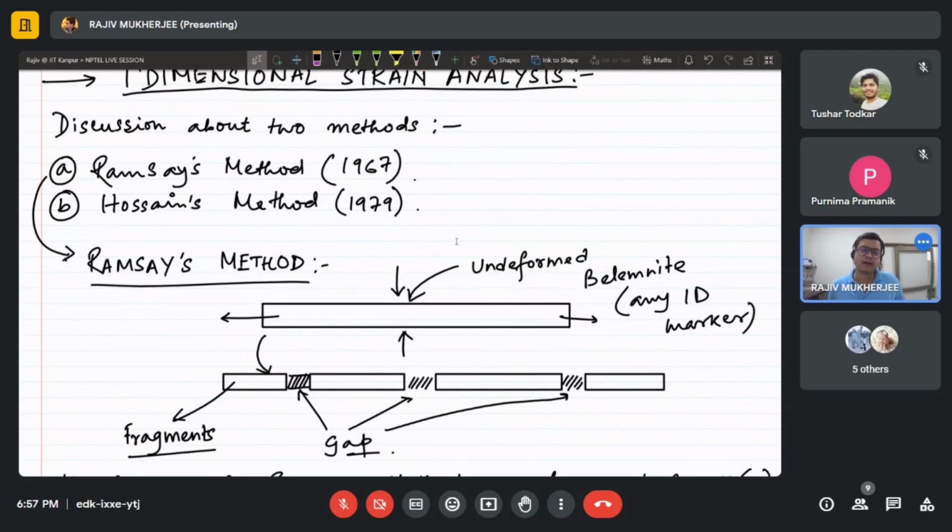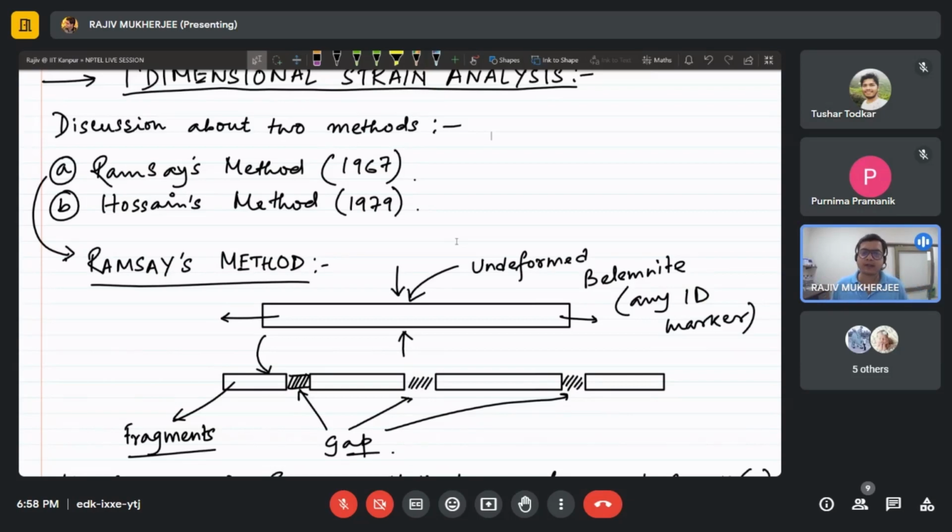And there are also other complications, like we are not considering the deformation of the individual fragments. They can be rotated, right? Even rotation can accommodate the strain. So their angular orientation and their rheological changes, whether they are experiencing any kind of ductile deformation or not, we are not considering all these things.